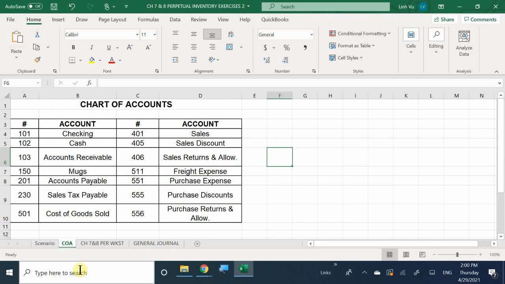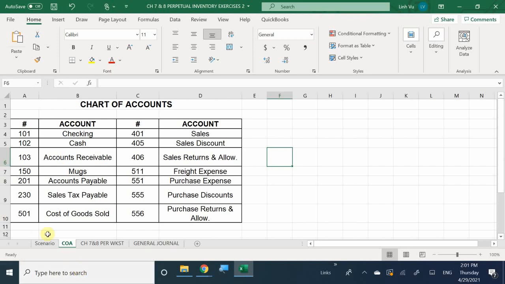We have inventory, we have accounts, what was it? Payable. Not payable. We're not owing a person. Accounts receivable, right? Because we sold to a customer and they owe us the money. So accounts receivable. Okay, what else are we going to be looking at? Sales and sales tax.